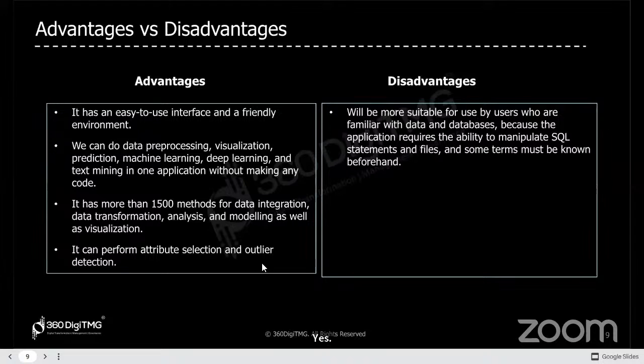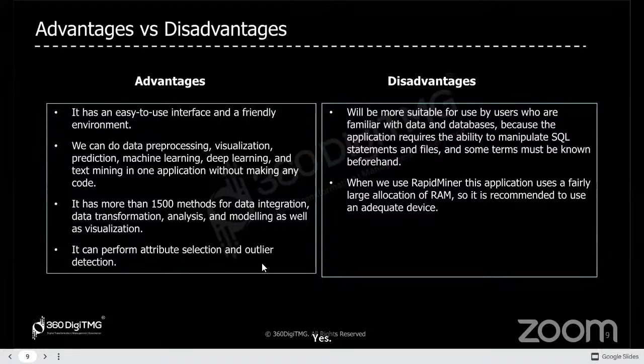And what is the second disadvantage? When we use RapidMiner, the application uses a fairly large allocation of RAM, so it is recommended to use an adequate device. The application consumes a significant amount of RAM, especially when we are processing larger data sets. Users need to ensure that they have adequate hardware resources to run it smoothly.